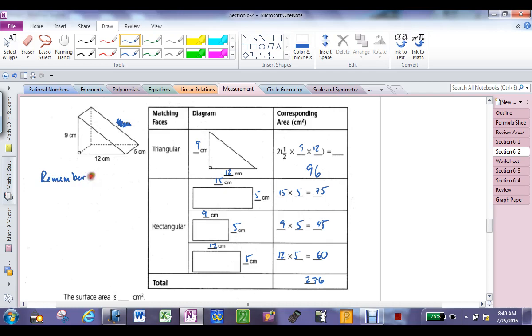Remember, if you're missing a measurement, not necessarily, and I'll tell you why in a sec. Sometimes you need to figure it out.